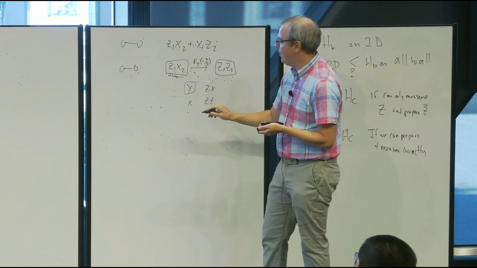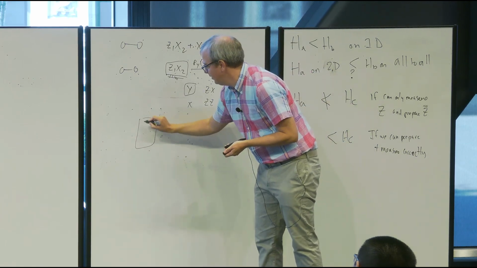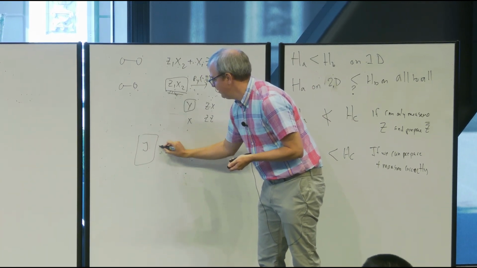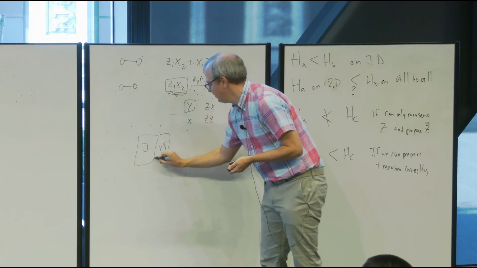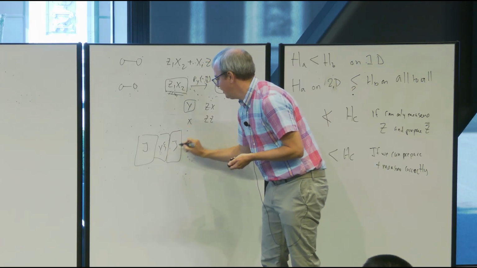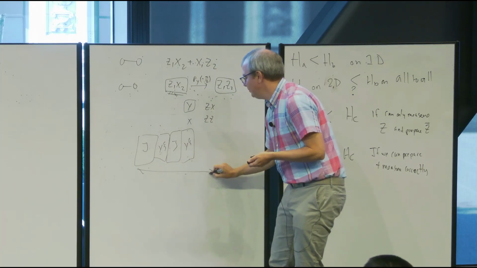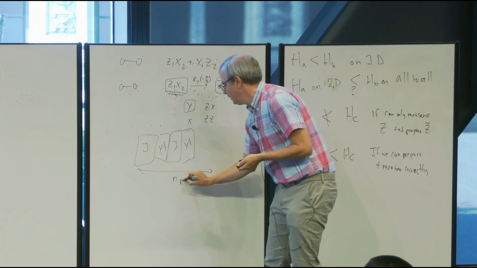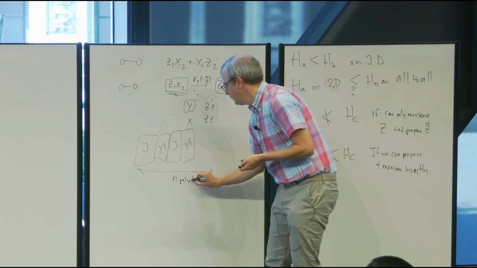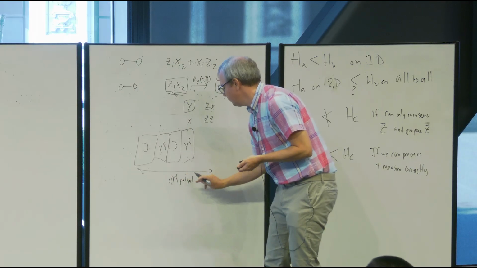I do some pattern of J is on, some y's, some J, some y's. And this is about whatever n pulses long. O of n pulses long. It's not so long.